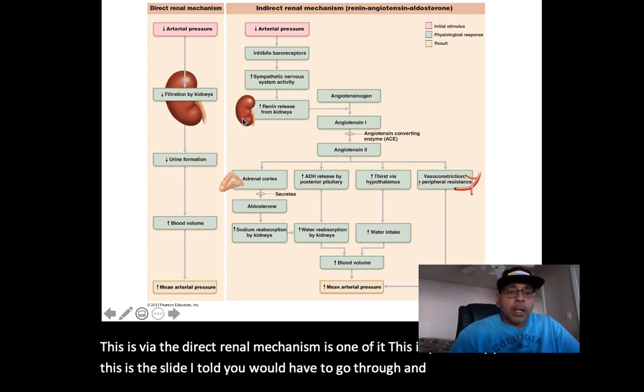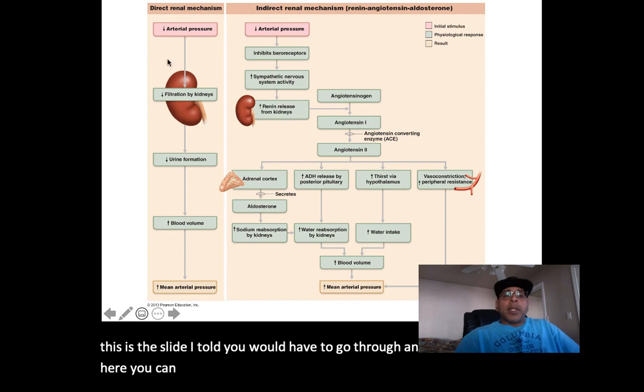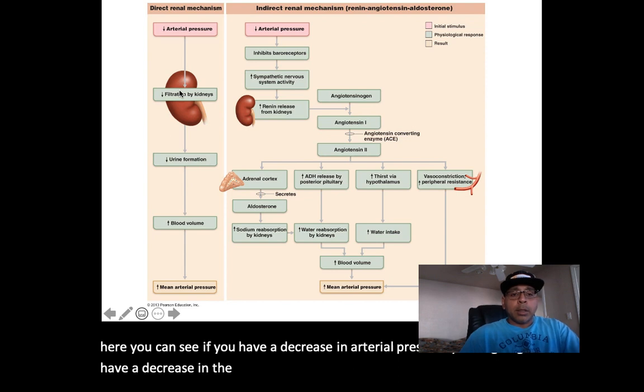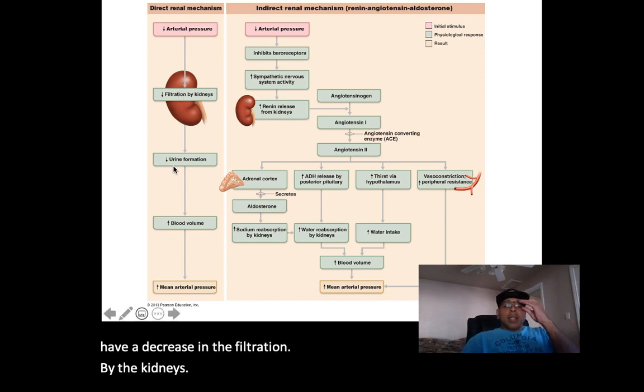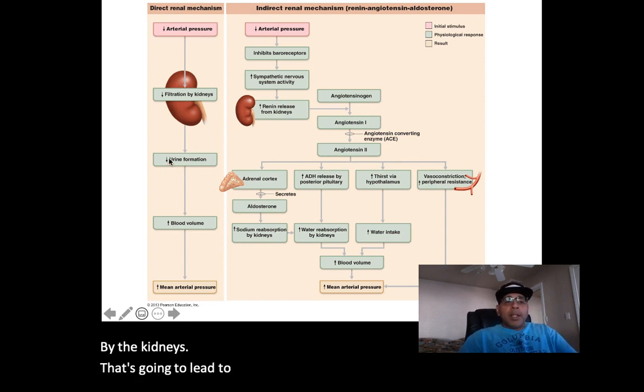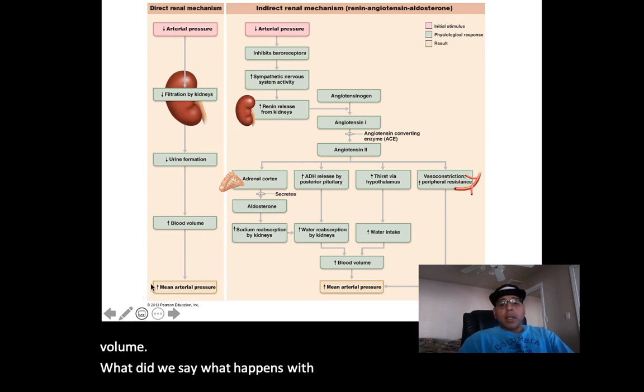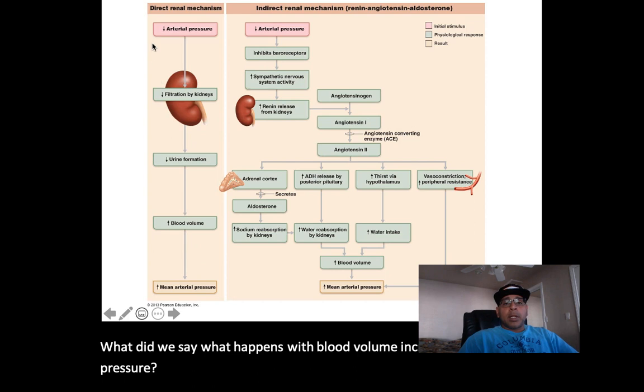Here, if you have a decrease in arterial pressure, you're going to have a decrease in the filtration by the kidneys. That's going to lead to a decrease in urine formation. So you're not removing as much. That increases blood volume. What happens when blood volume increases? It increases arterial pressure.